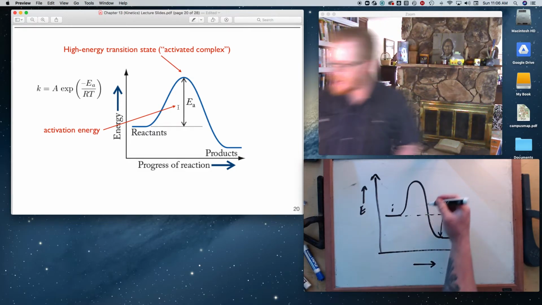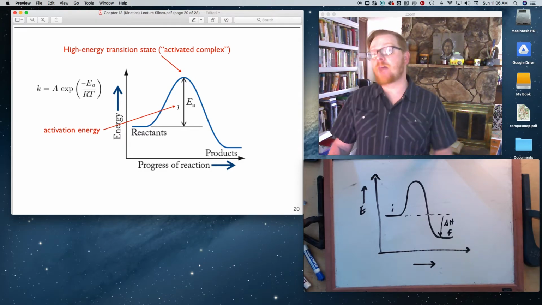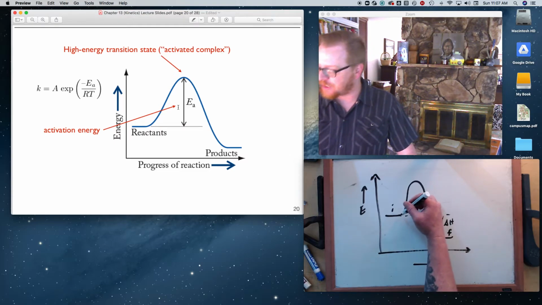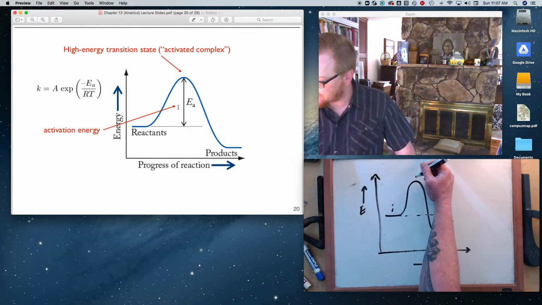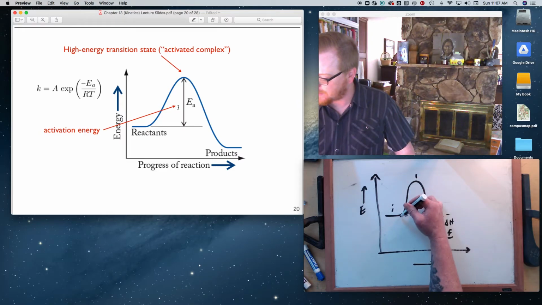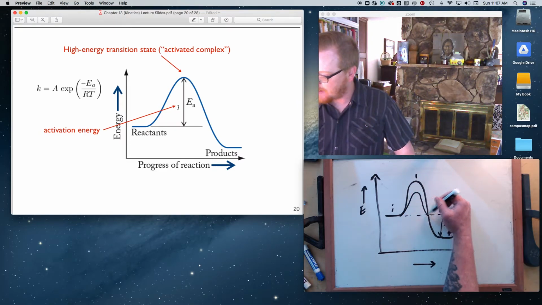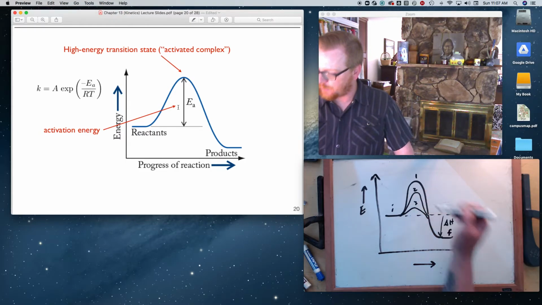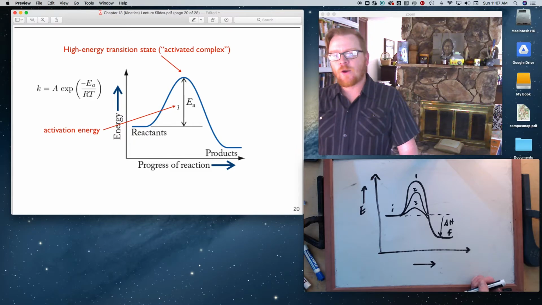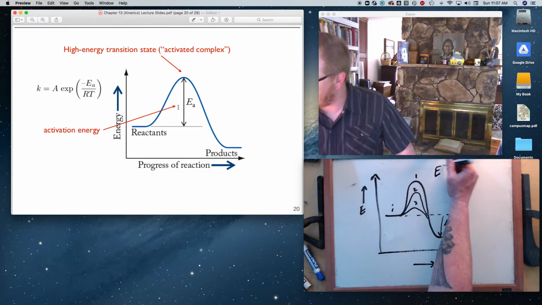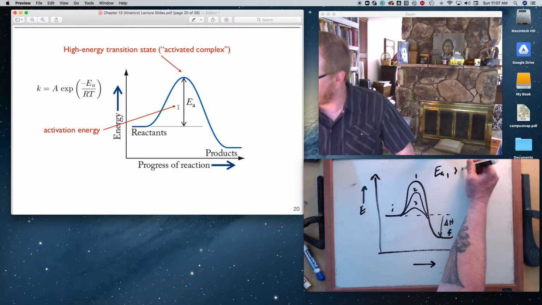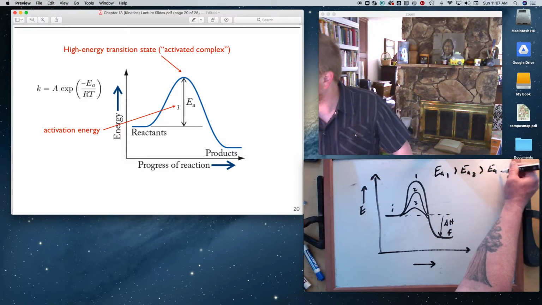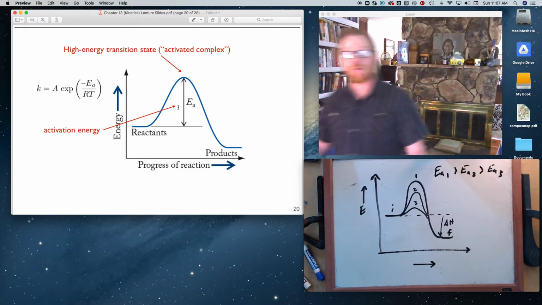So now suppose I had a reaction that proceeded much faster. That would tell me that it had to have a lower activation energy. Okay. So if I think of several different reactions, here's reaction number 1. Here's maybe reaction pathway number 2, and here's reaction number 3. We could definitely say that Ea for reaction number 1 is greater than Ea for reaction number 2, which is greater than Ea for reaction number 3.